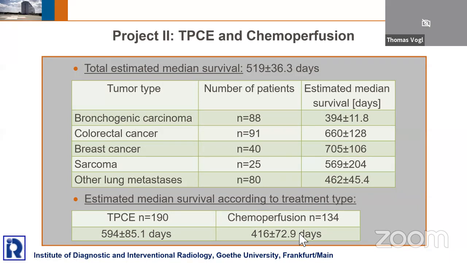What we also found in comparison is that if we performed chemoperfusion by the bronchial arteries or by the pulmonary arteries, our survival data were worse in comparison to the embolization. So these data prove our theory that combining the chemoperfusion with embolization material is an advantage for these patients.